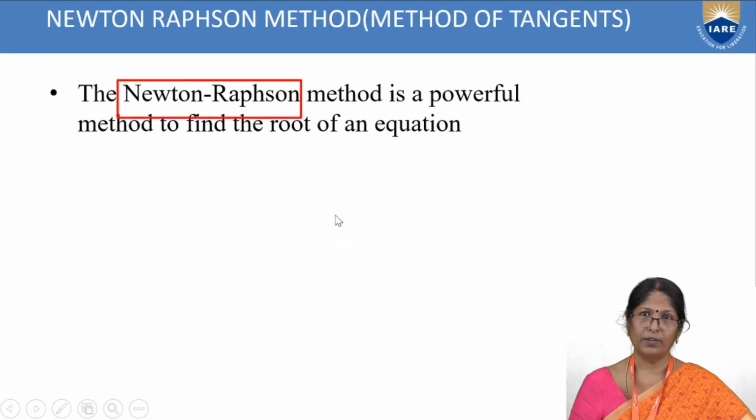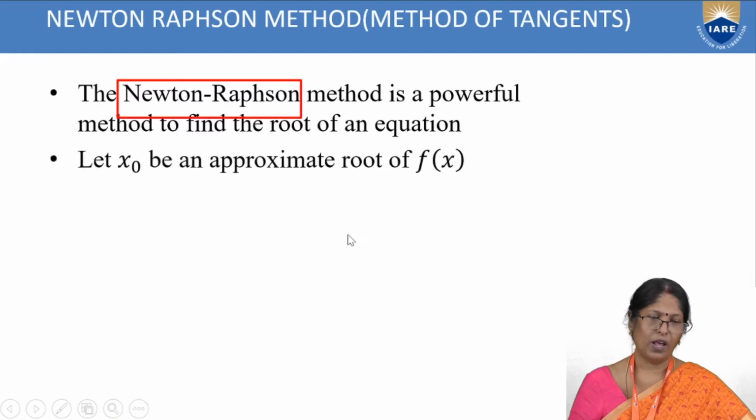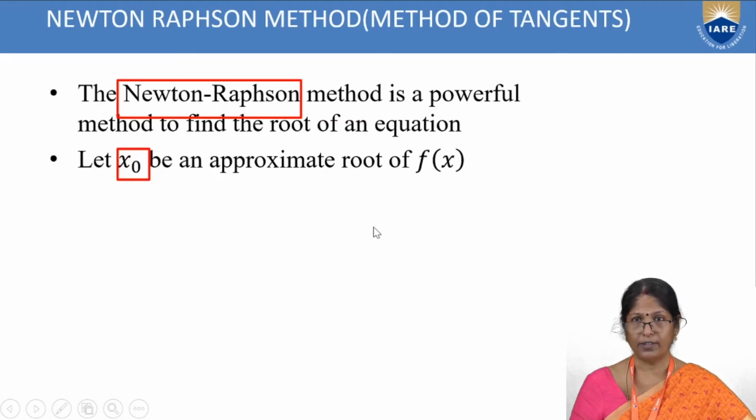Now you can see it. We are assuming this x0 is the approximate root of f of x. Where exact roots are not possible using the direct methods, then we have to find another way, to approximate a root by using numerical methods.